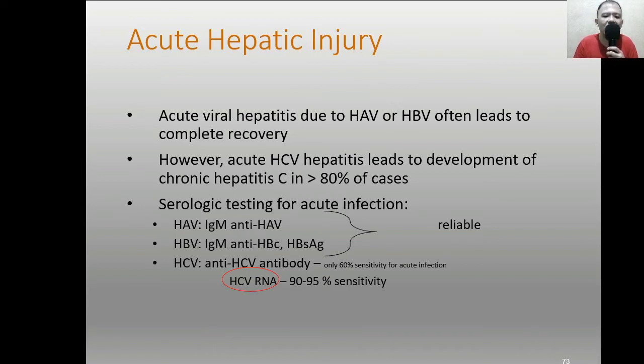For Hep B, first and foremost, it's the HBs. Actually there are a lot, but the most prominent is the HBs. For hepatitis C, we cannot rely on the antibody. More particularly, we can rely on the RNA, and we will discuss it later.